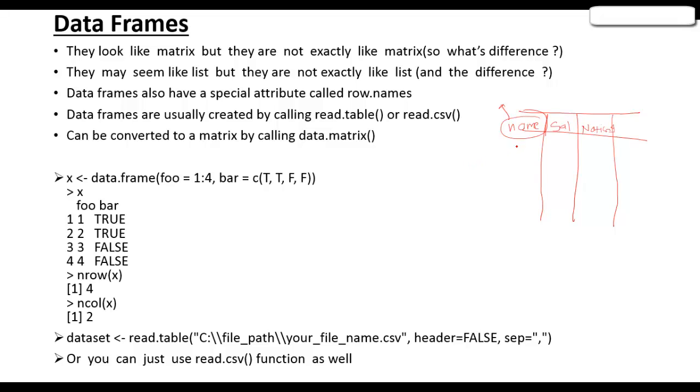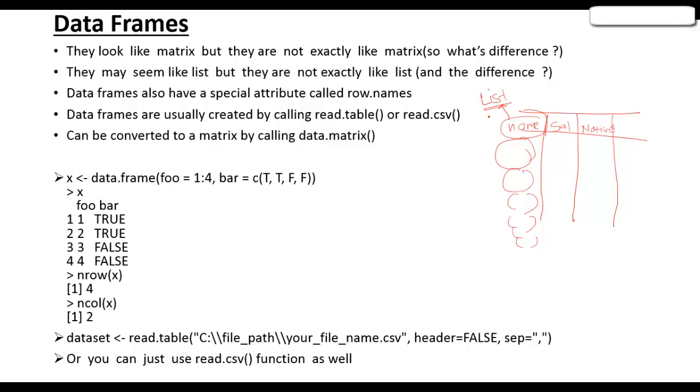So basically, data frames allow us to set our columns in different data types. And as I've told you, if you want to store different data types across the column, you can still do that by storing this column as a data type list.